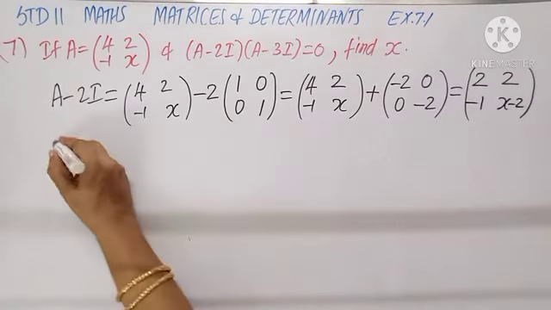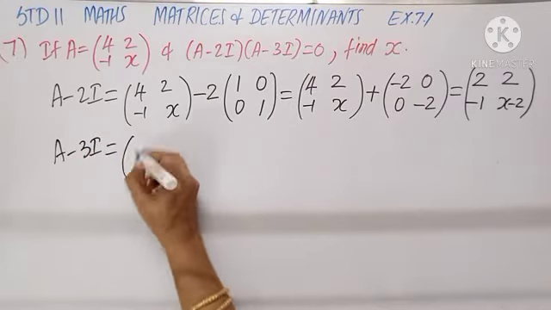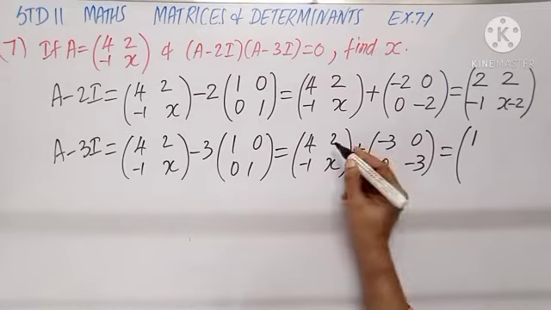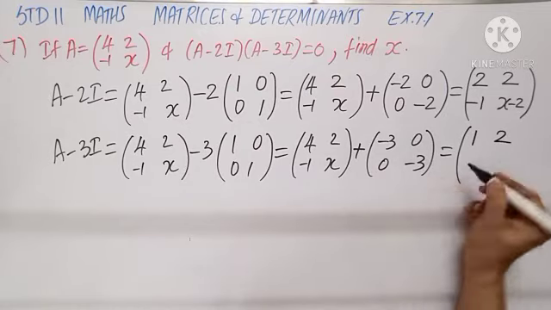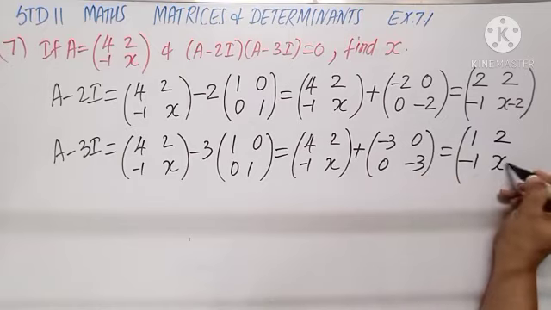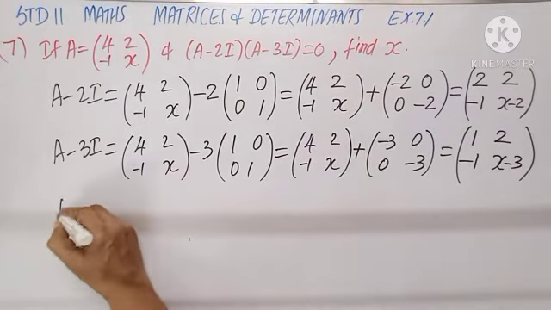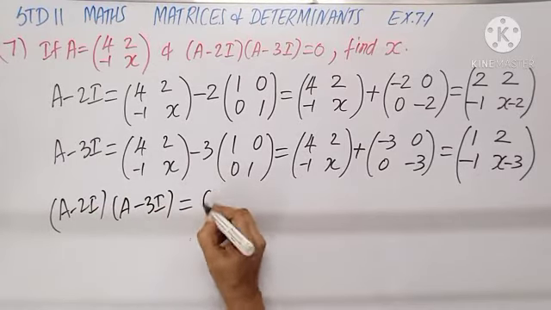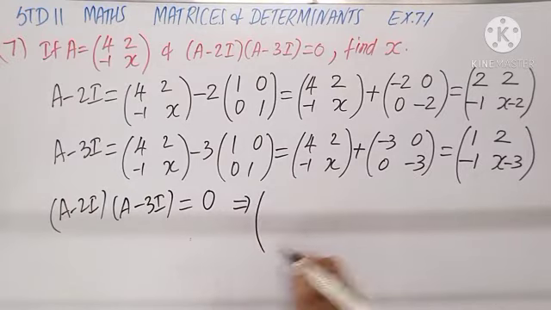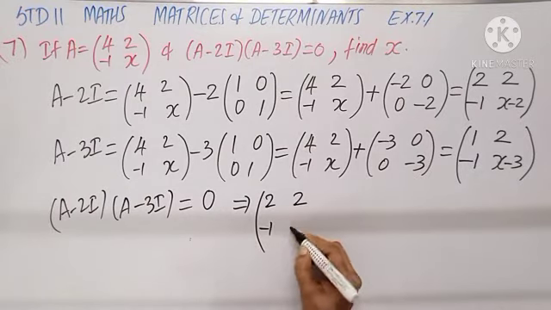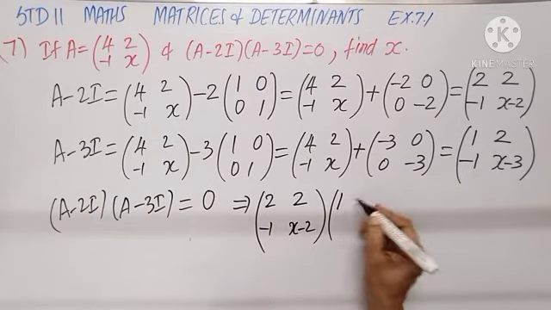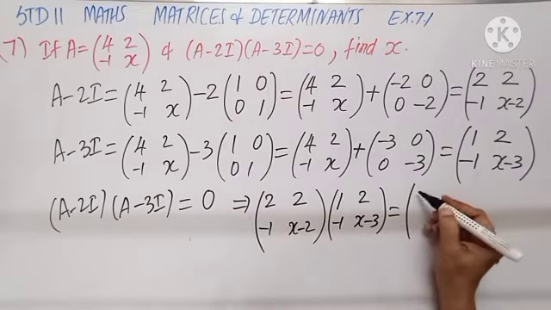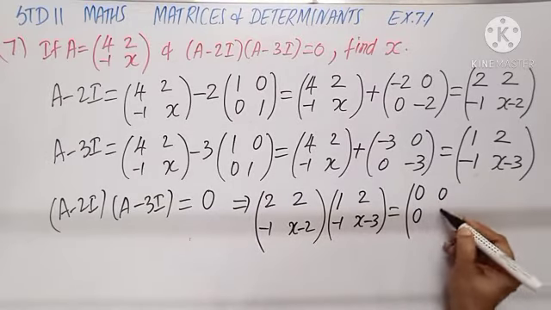Let us find out A minus 3I in the same way. As we add corresponding entries, 4 minus 3 is 1, 1 plus 0 is 1, minus 1 plus 0 is minus 1, x minus 3. Now the question is A minus 2I into A minus 3I equals 0. That is, as we multiply [2 1; minus 1 x minus 2] into [1 1; minus 1 x minus 3], equals 0, which tells me all the entries are 0.